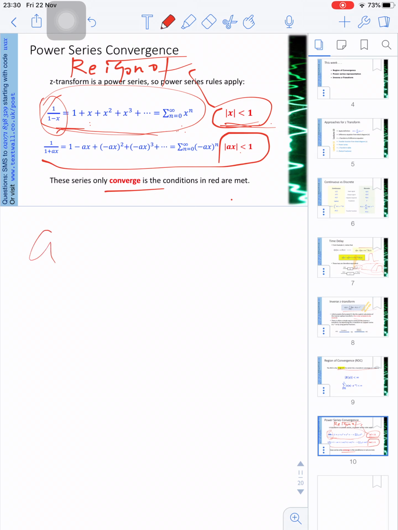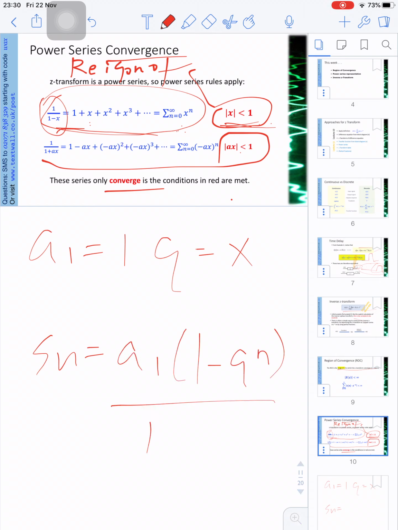A1 is 1, q equals x, and S_n equals A1 times (1 minus q to the n) divided by (1 minus q). Therefore it is A1 times (1 minus x to the n) divided by (1 minus x).